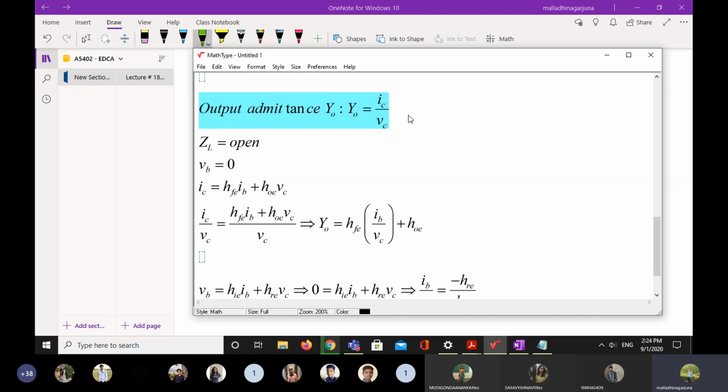Here I'm taking a single stage. If you take a second stage also, this output admittance or output impedance has to be connected to the input of the next stage. If you take the load resistance and everything, there will be some mismatch.